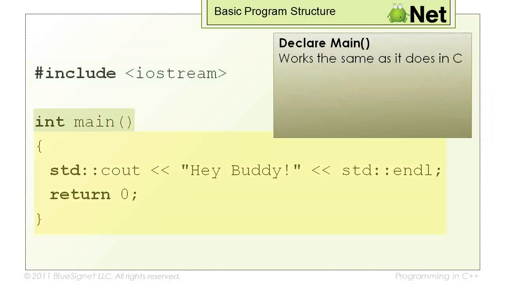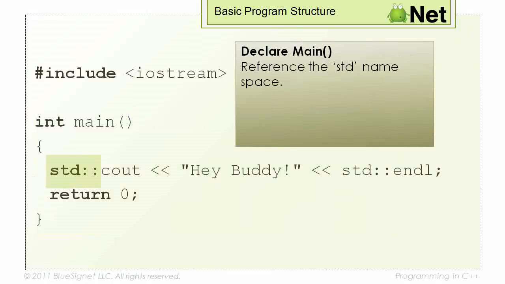So just like in C, we have our main function declaration and the code block below it. It works exactly like C. We discussed namespaces before. This std is a reference to the standard namespace.